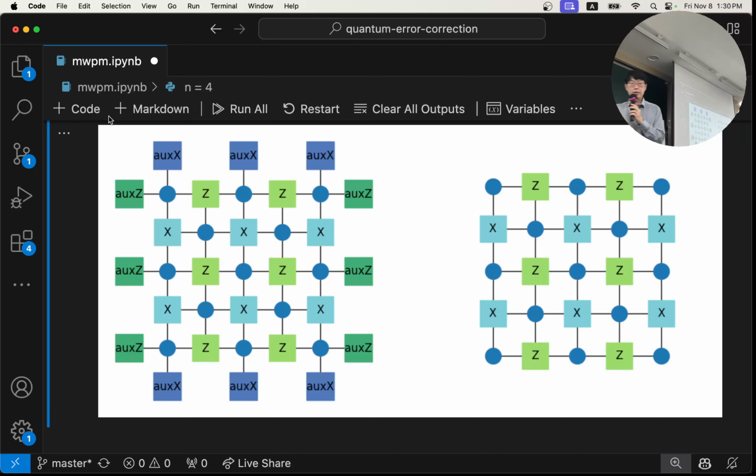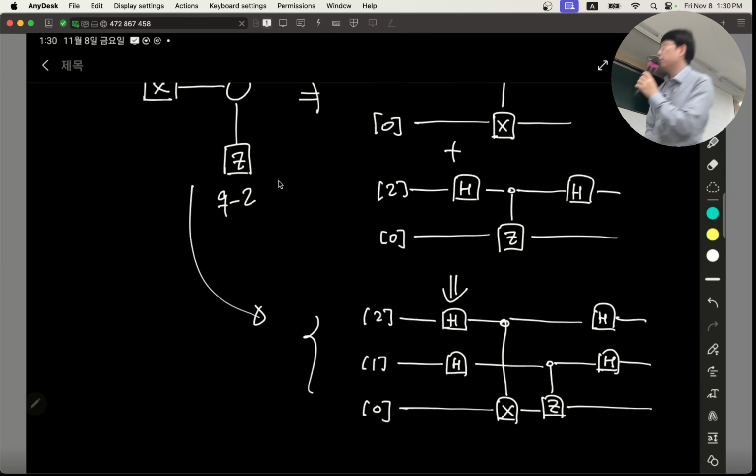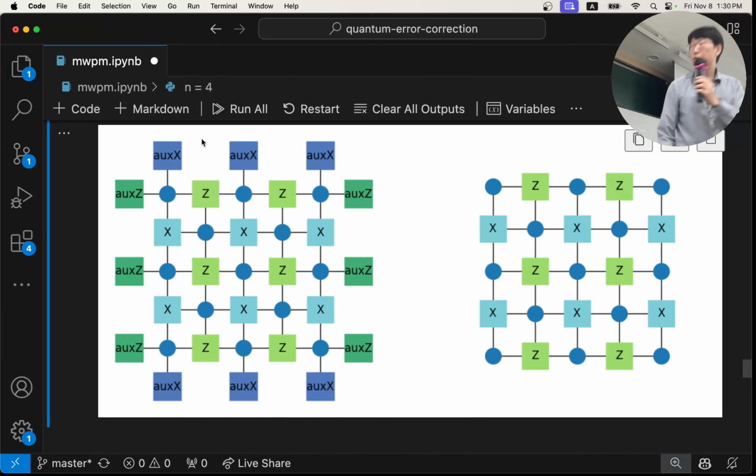After you run this circuit, at the end, you take the measurement on the stabilizer qubit, on here and there. So you read off the number, whether it's 0 or 1. What does it mean that it's 0? It means that it's stabilized. So you take the measurement on this stabilizer, you get 0.